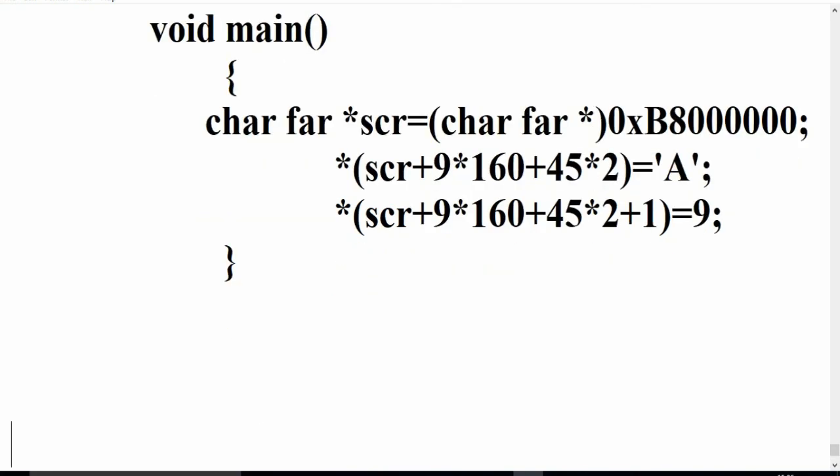Like this, you can write your character on the monitor without using the printf function, in the specified row and column with colors. Not only a character, you can also write a string on the monitor without using printf, in the specified column and row with colors.